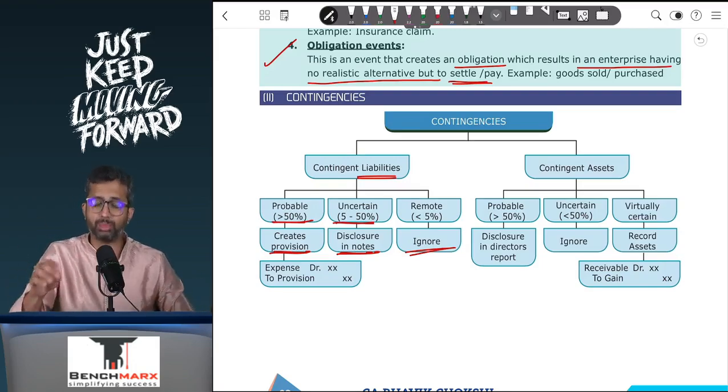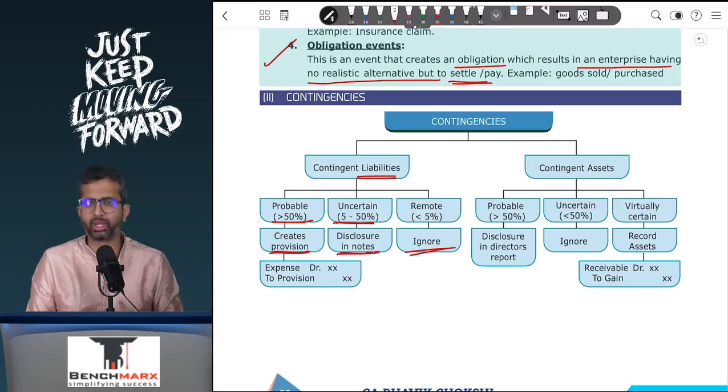Remember, payment will be made if there's a more than 50% chance of you losing the case. If you win the case, you don't have to make the payment. And as a result, if there's a more than 50% chance of the payment happening, then you will create a provision, but that has to be specifically told in the question.